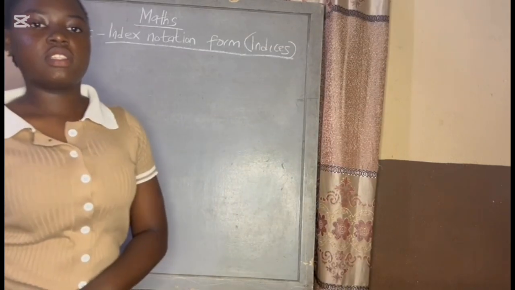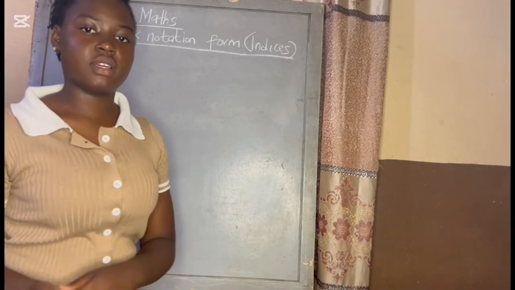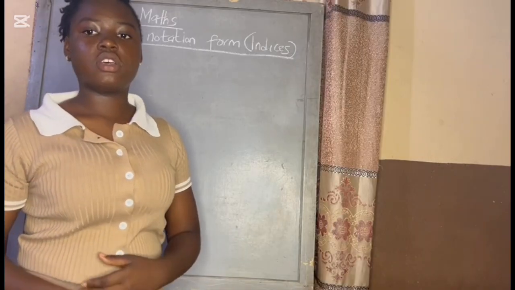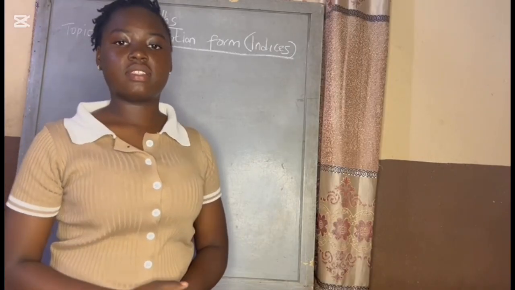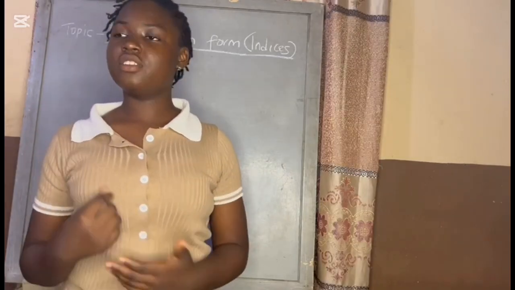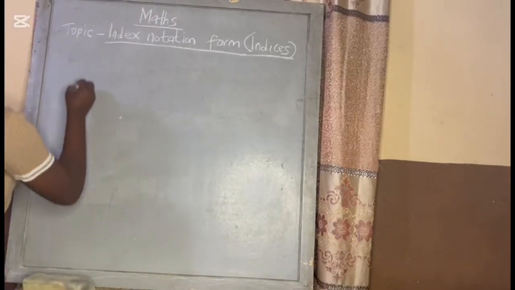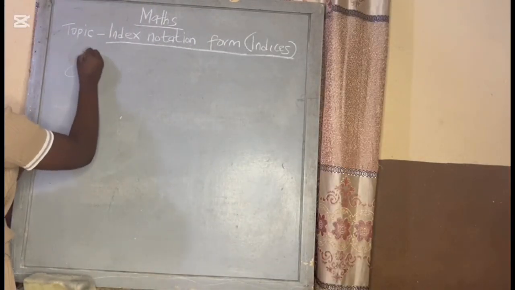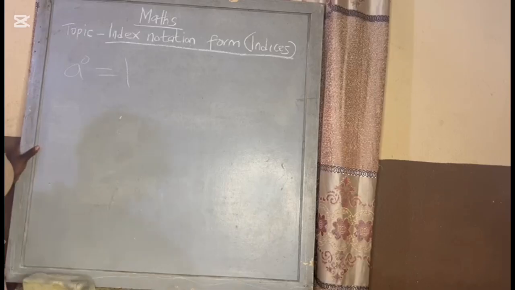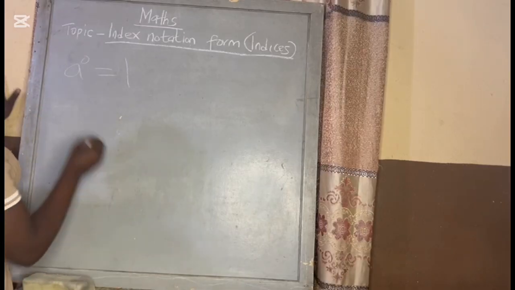The fourth law is the zero law. This one is very understandable. The zero law states that any number that is raised to power 0 is equal to 1. So a raised to power 0 is equal to 1. Very simple and understandable.